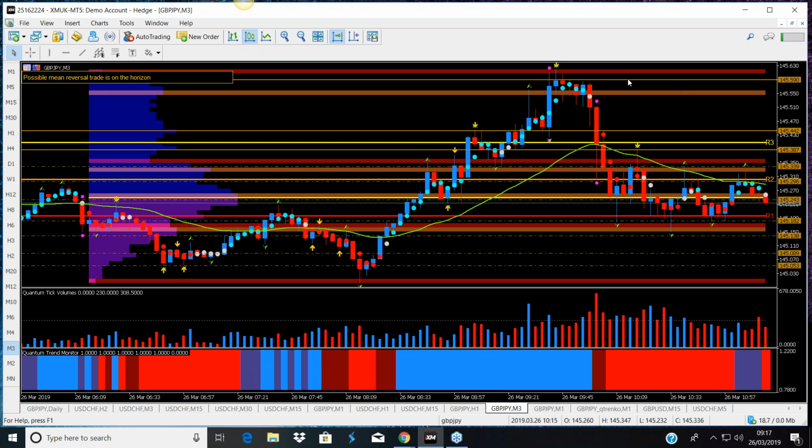And moreover, when you see a cluster of dashed lines very close together or a cluster of solid lines close together, it is a very, very strong region. Singly on their own, they're strong, but obviously as clusters, they're even more powerful.